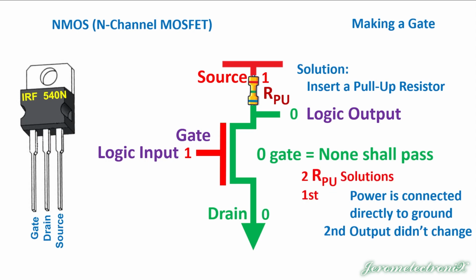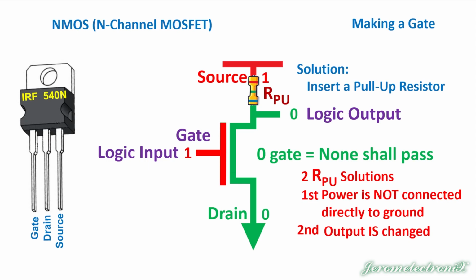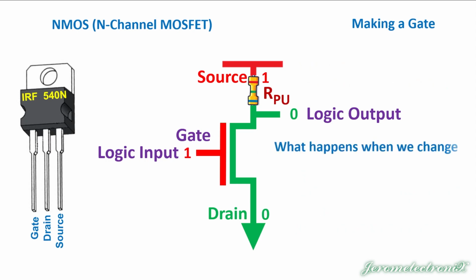So we have two solutions. First, the power is not connected directly to ground, and that prevents fires. But the second thing is that the output actually did change to the opposite of the input. So what happens when we put a 0 into the input of this gate? Well, we put a 0 in.